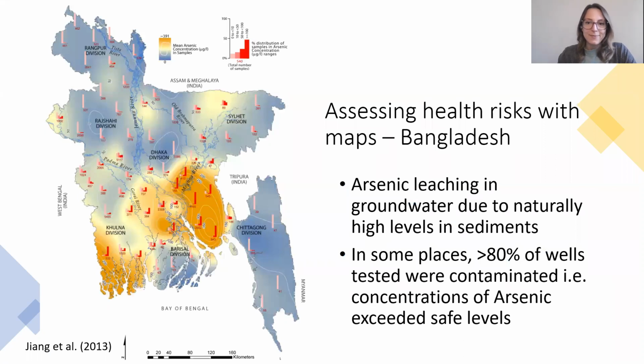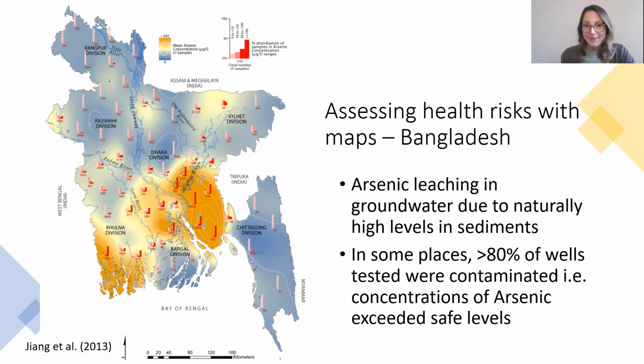Well, what they didn't realize was that this part of the world in Bangladesh is also really prone to arsenic leaching in the groundwater. And this happened naturally because the same geological features that made Bangladesh have this abundance of groundwater also led to arsenic sediments coming from the Himalayan mountains being deposited in the groundwater along with that drinking water.